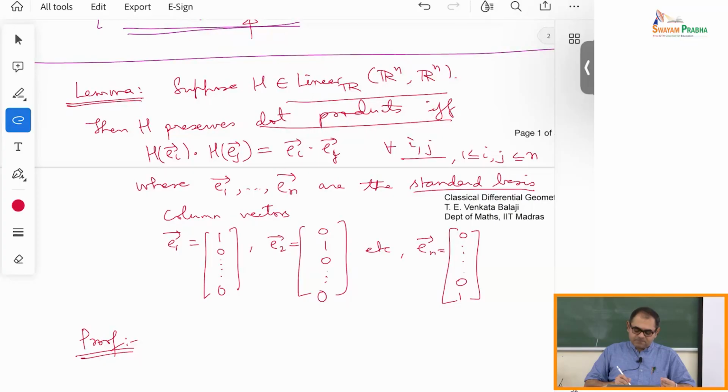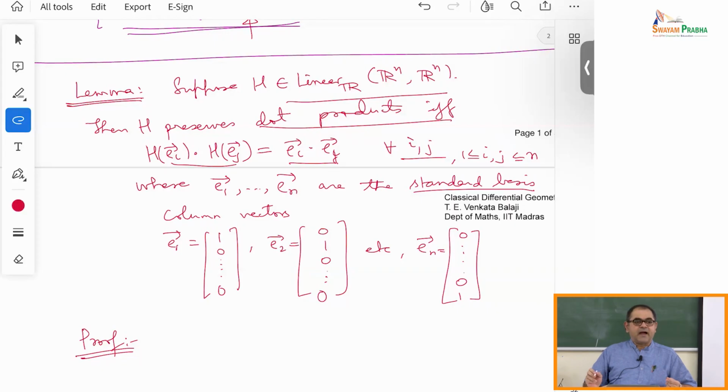That it preserves dot products is the most important condition. So we have to prove two ways. Preserving the dot product means that it preserves the dot product for the standard basis vectors.